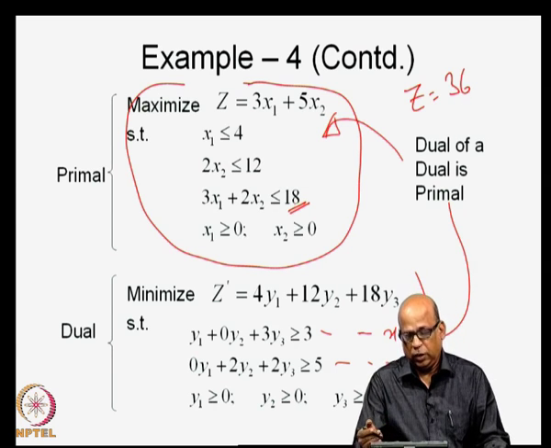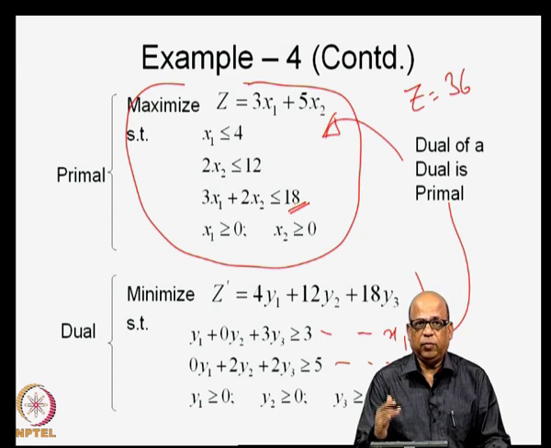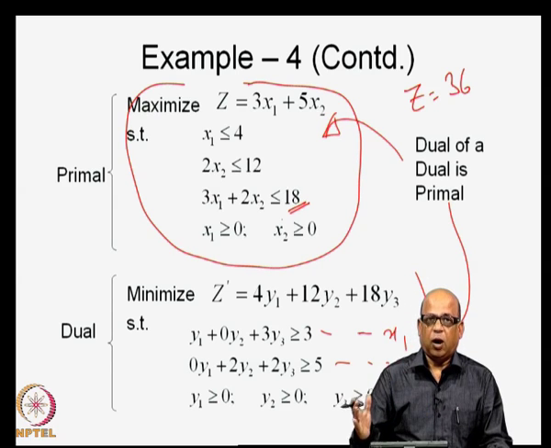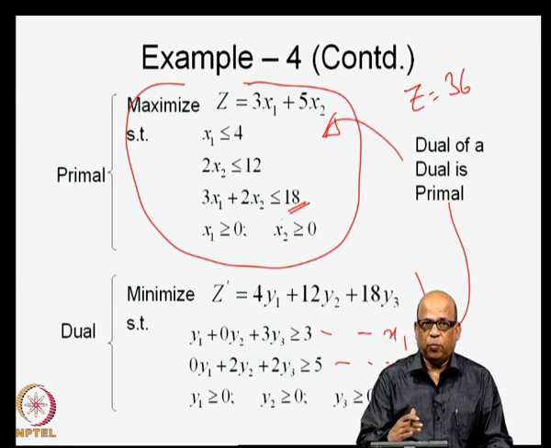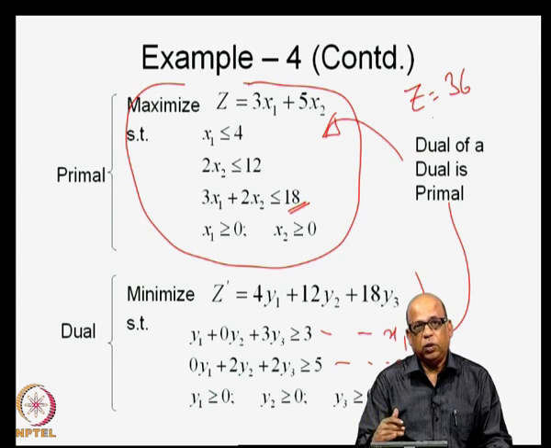This we do through what is called sensitivity analysis, and the dual solution that we obtained, that means from the primal you obtained the solution for the dual. The solution of the dual will give us a means of answering this question without having to resolve the problem.